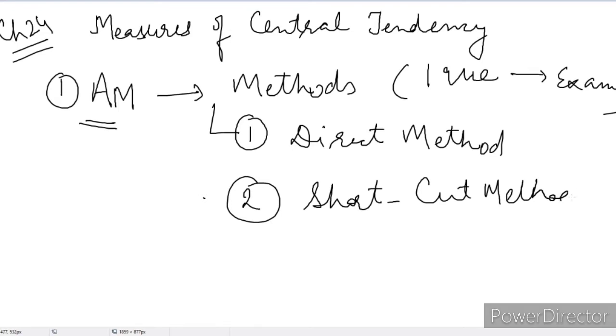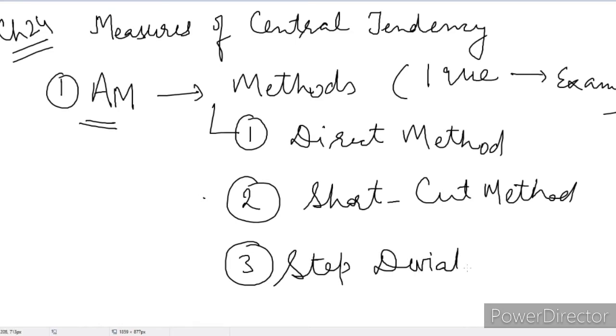And the third method is the step deviation method. Step deviation is a new word for you, because the direct method we have been applying in junior classes also. Shortcut method may be new to you, and step deviation method may also be new to you, right?